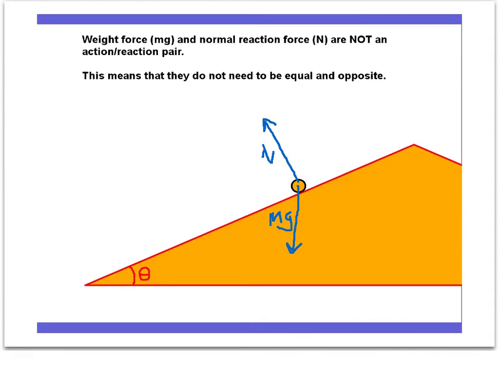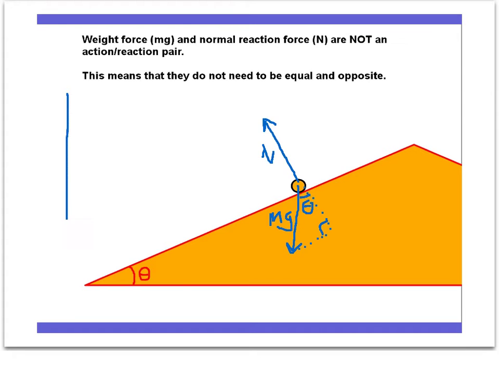So what we're going to do is some more trigonometry and break this weight force up into two components, into a right angle triangle. Now importantly, this angle down here, this theta, is this same angle here. So I can label that theta there. So I'll draw it a bit larger over here.